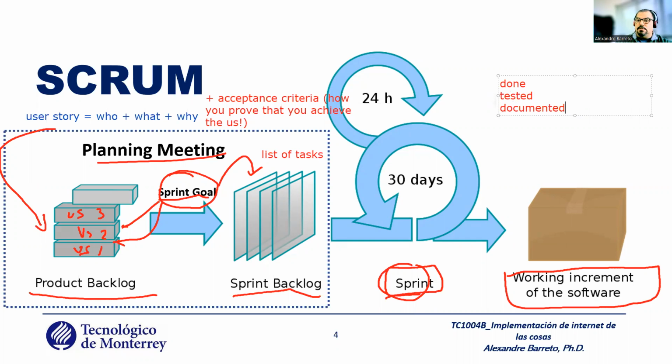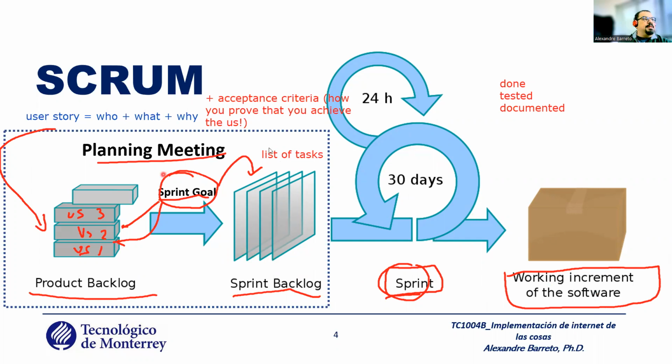Okay, the code is complete, it's done, the code is tested, and the code is documented. That is what work software is. A sprint is the amount of time that you need to implement all the requirements, all the tasks that are defined in the sprint backlog, and produce our software, not a paper, but a software. That is what work software is.